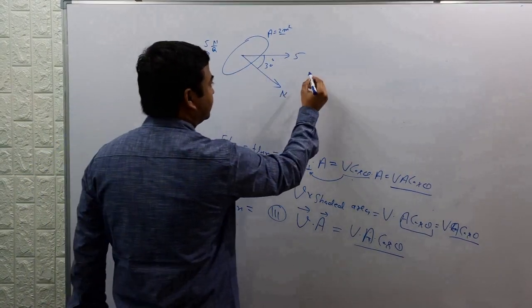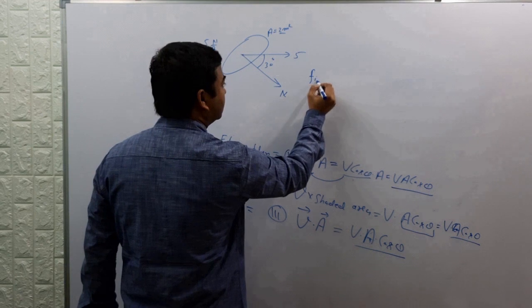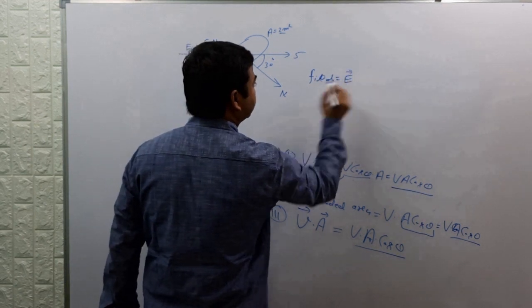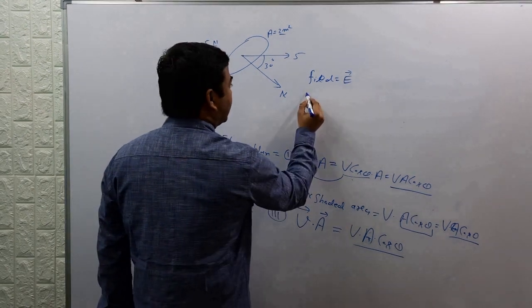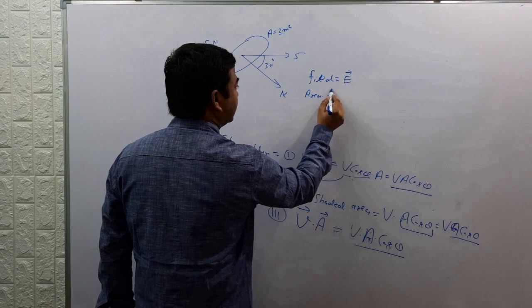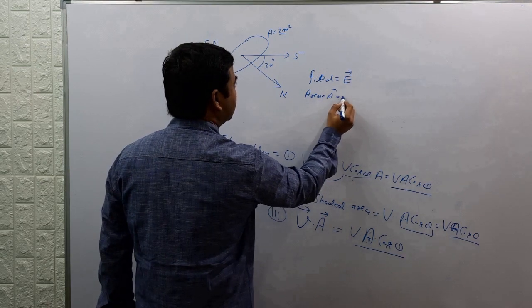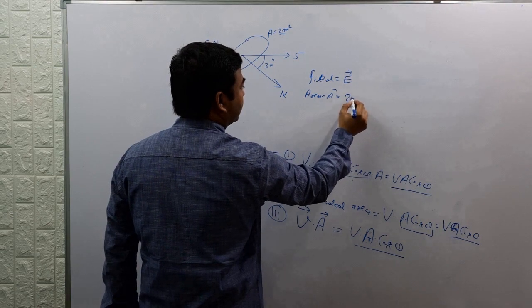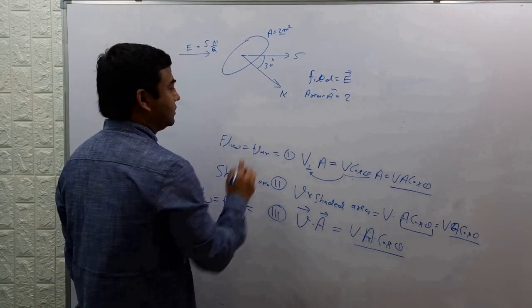So here the field is vector E and the area vector A is 2 meter square in the perpendicular direction.